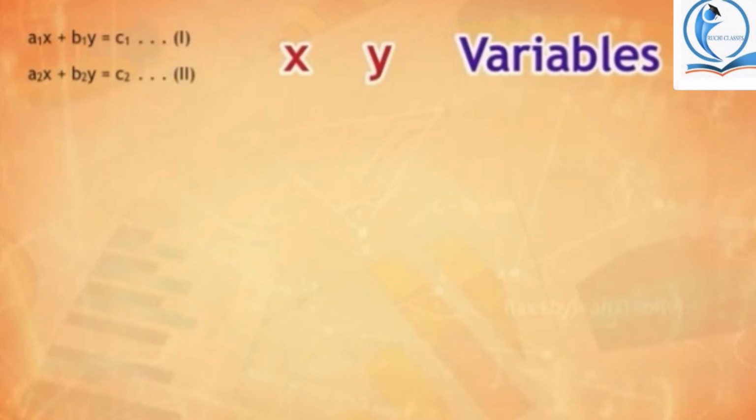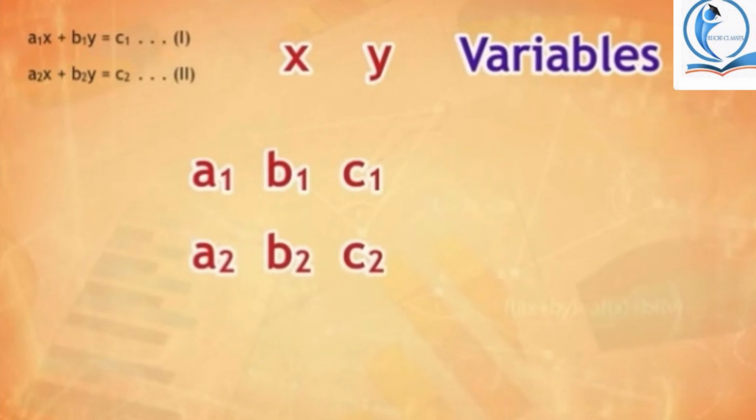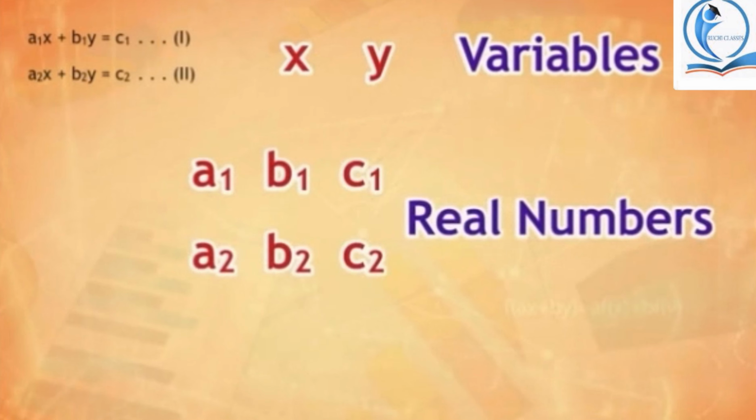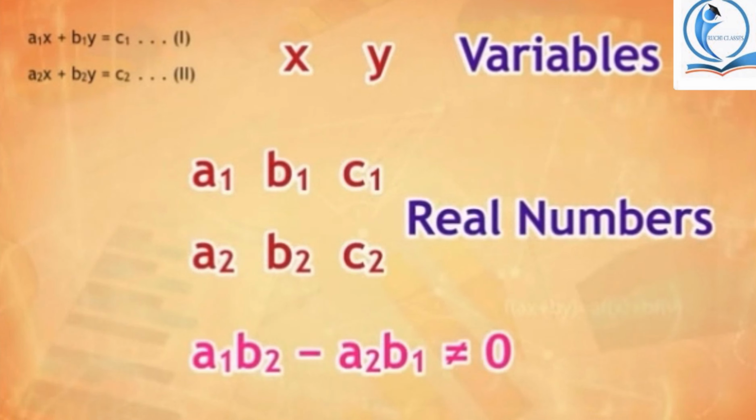Here, x and y are variables. a1, b1, c1 and a2, b2, c2 are real numbers. a1 b2 minus a2 b1 is not equal to 0.